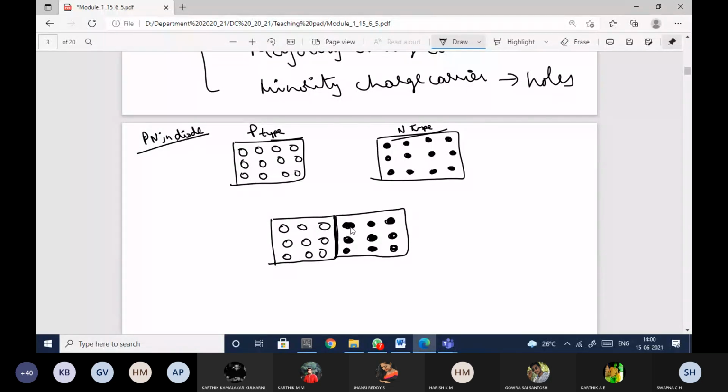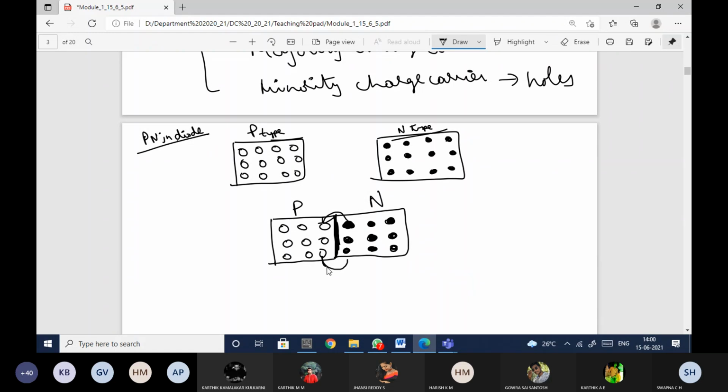So the electrons which are present near this junction will try to diffuse to the p-type. This is p and this is n. The electrons which are present towards the n side will try to diffuse towards the p side. Or in other way, we generally call holes positively charged and electrons negatively charged.